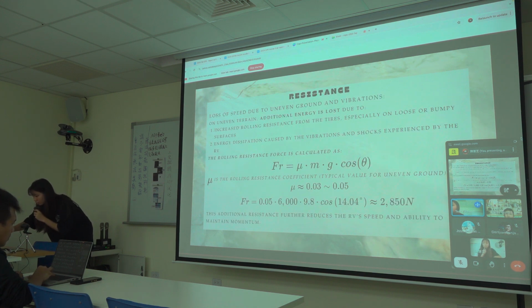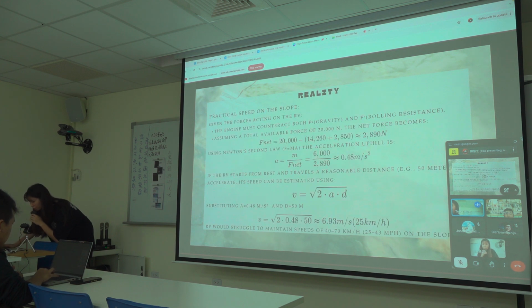And next, there's also the resistance of going through the slope. And the resistance is 2,850 newtons. And then I assume that the RV has a total force of 20,000 newtons, and you use 20,000 minus the resistance forces, which is 14,260 plus 2,850, and I get 2,890 newtons.